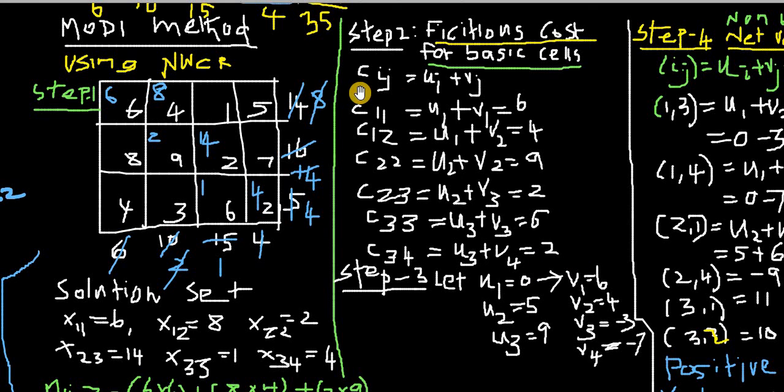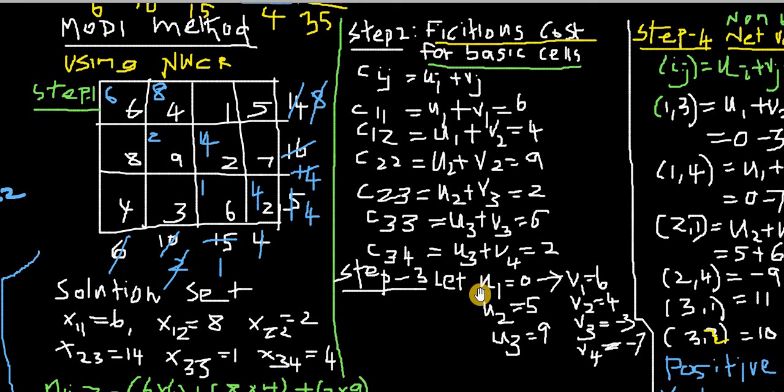Okay, so by using this Cij equals Ui plus Vj, we can calculate the fixed cost for the basic cells. That's very important. Next step is that we have to find the values of Ui's and Vj's here. We don't know exactly what U1, V1, U2, V2, U3, V3, V4 are. So what we do is first initiate with U1 equal to 0.